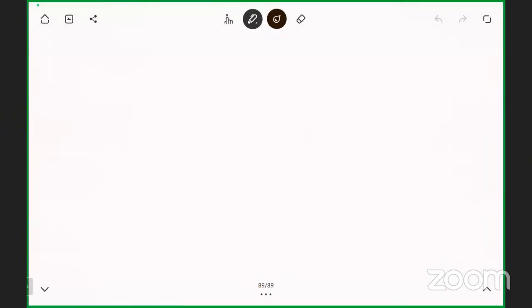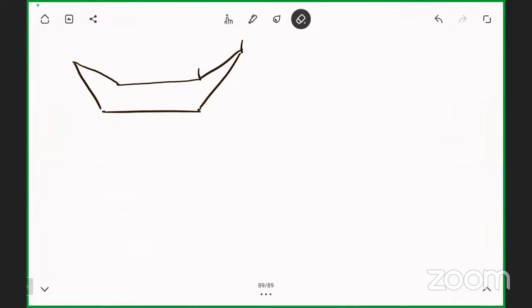If I make it in the boat form, you have to tell axial or equatorial. Axial is again wherever the bond is pointing. So this is axial, this is axial, this is axial. No, sorry, wait.